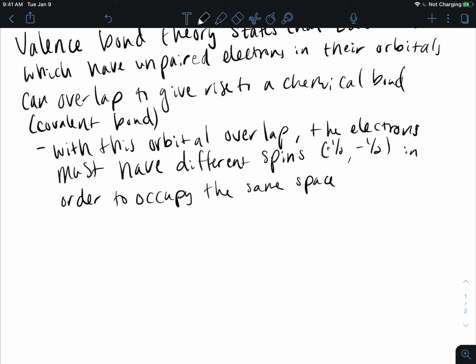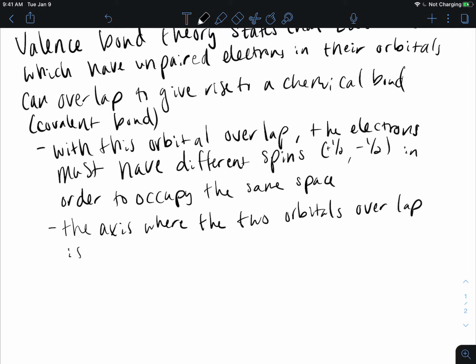So just like with our atomic orbitals, these will have a spin up and a spin down component. And then the orbitals that are overlapping between those electrons are going to overlap on what's called the internuclear axis. So the axis where the two orbitals overlap is known as the internuclear axis.